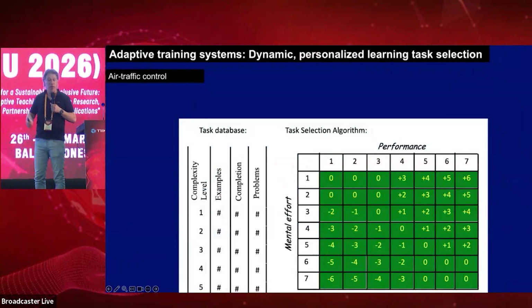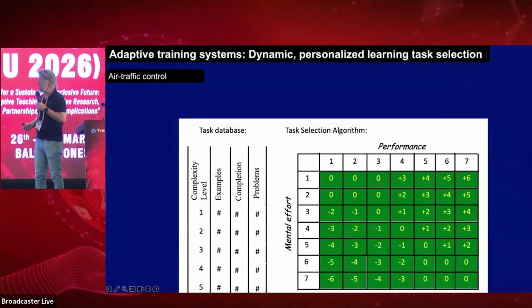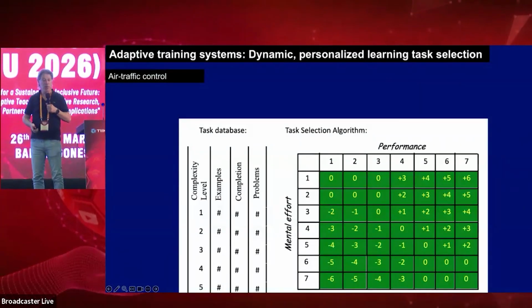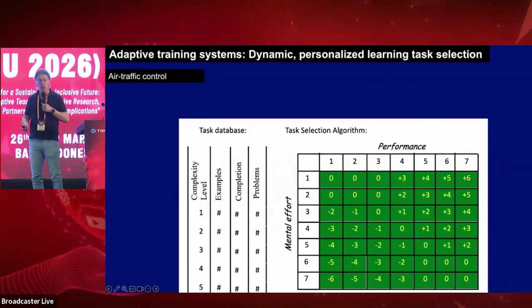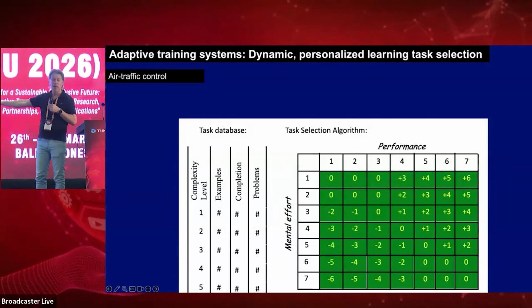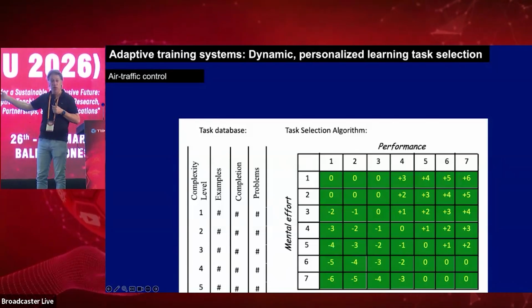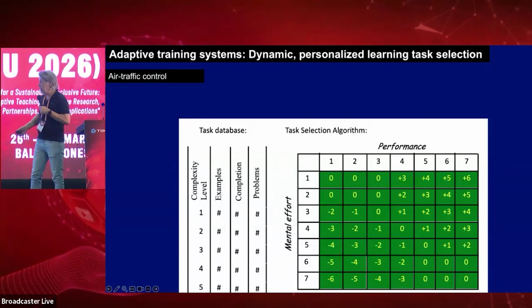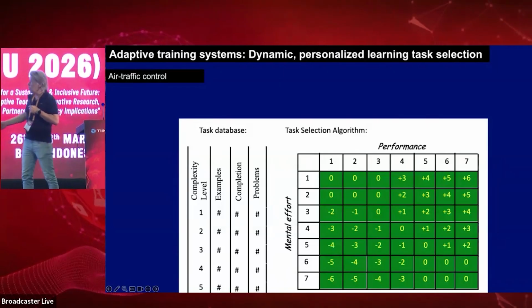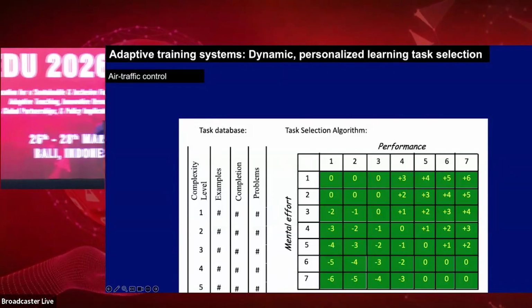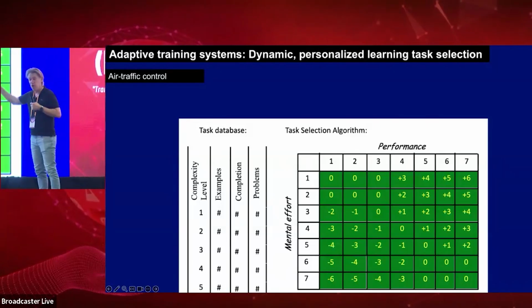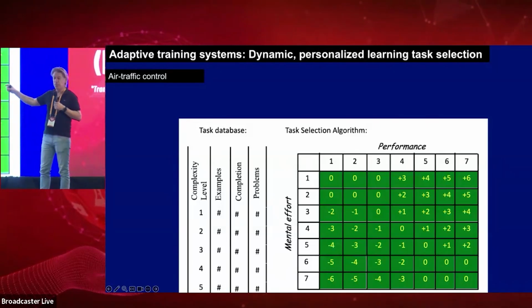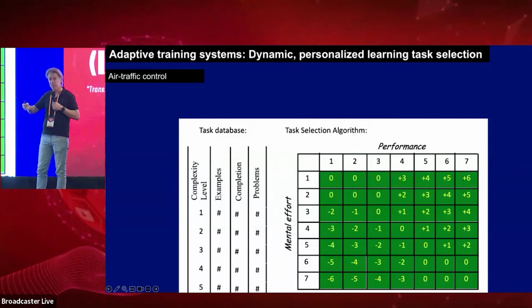We have done this in several adaptive learning systems, and we made one for the training of air traffic controllers, and you can see the algorithm that we used here, which is actually very simple. Basically, the tasks are chosen from a database based on their performance and their mental effort.